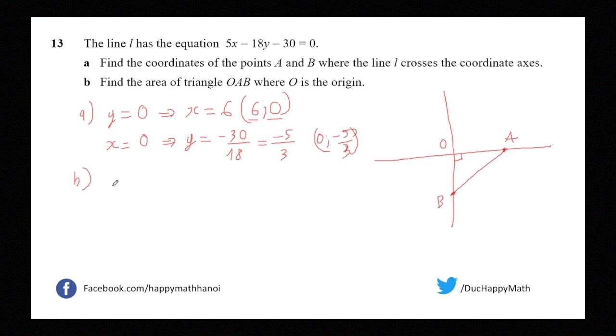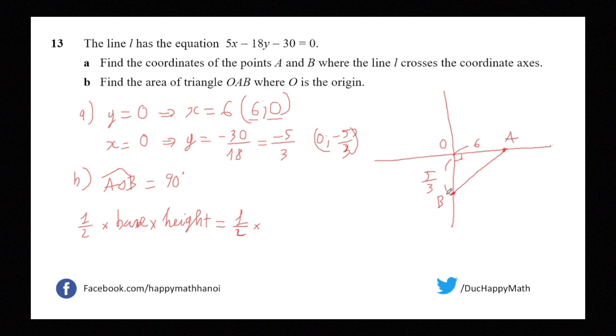Question B. Given that the angle AOB is equal to 90 degrees, it's quite easy to calculate the area. The area of the triangle is equal to 1/2 times base times height. So 1/2 times 6, the length is 6, and the other length is 5 over 3. 5 over 3 is the length of this side; do not care about the minus sign.